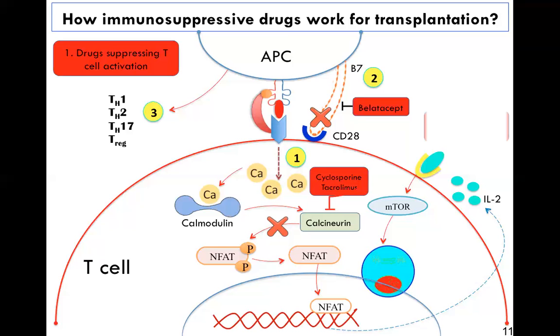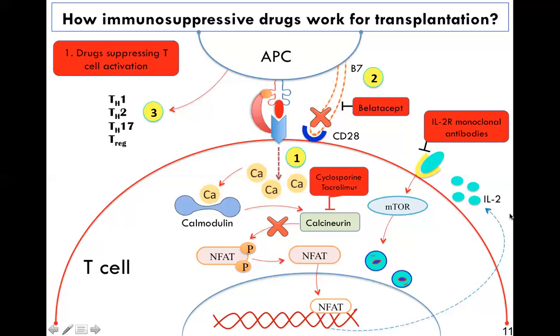We have another way to block that, which is called IL-2 monoclonal antibodies. Some monoclonal antibodies bind to the interleukin 2 receptor, and that does not let the T cells proliferate and form effector T cells. Even while this whole process is going on, IL-2 is secreted, but we are not allowing it to bind.